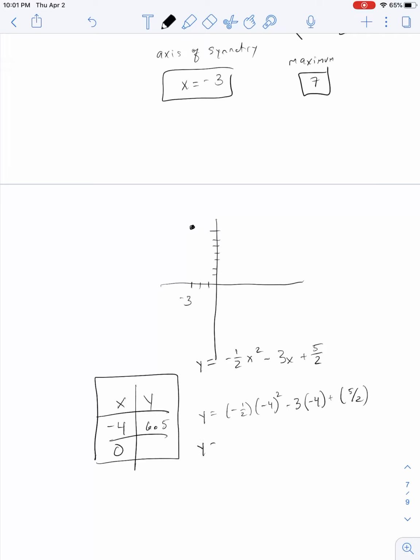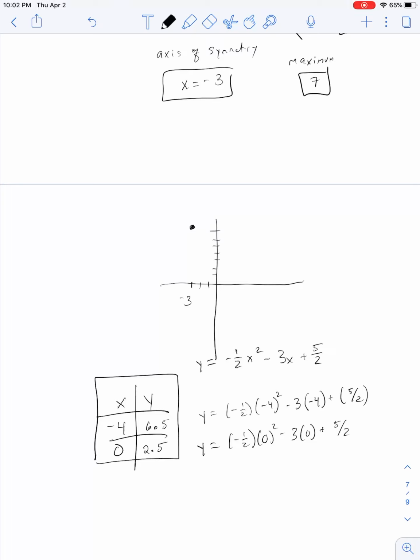We do our next one, negative 1 over 2, 0 squared minus 3 times 0 plus 5 over 2. Doing that one also gives us a decimal of 2.5.